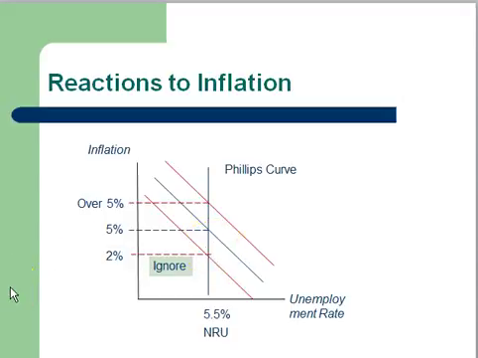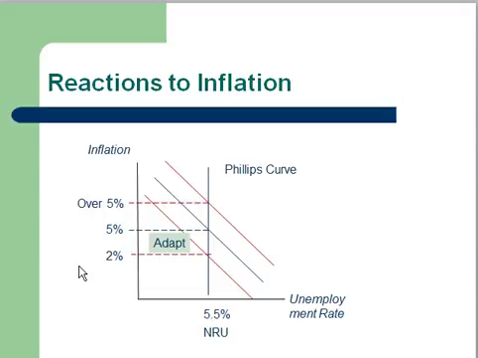Now, what I have here is an example of how people react to inflation. Essentially, markets and consumers tend to ignore a 2% increase in inflation year over year. In other words, if inflation is just 2%, nobody really pays any attention to it, nobody gets upset. They just anticipate that this is what's going to happen. If instead the inflation rate is between 3 and 4% or 3 and 5%, people adapt.